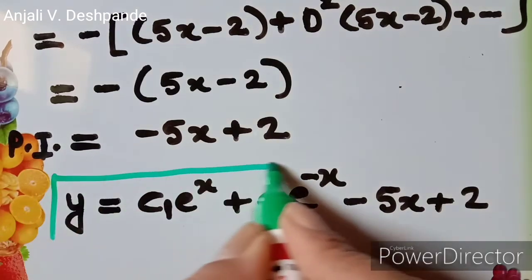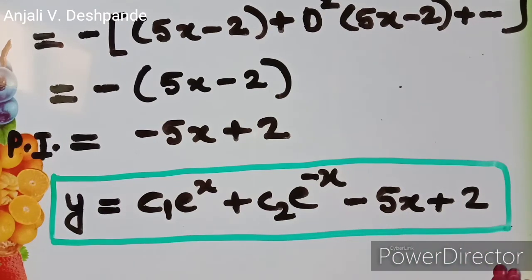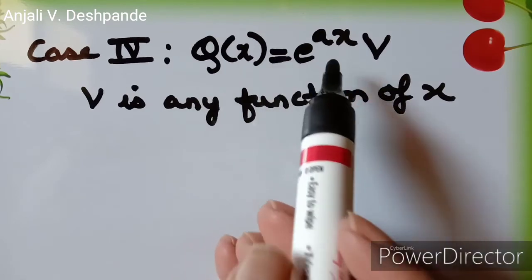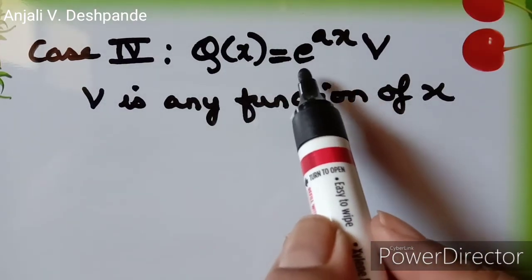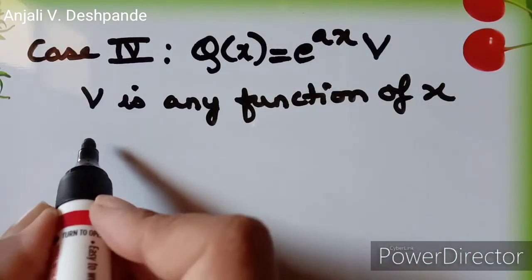So just I will write like this. Now we will see case 4, where the RHS of the linear differential equations with constant coefficients is of the form e^(ax) into V, where V is any function of x.